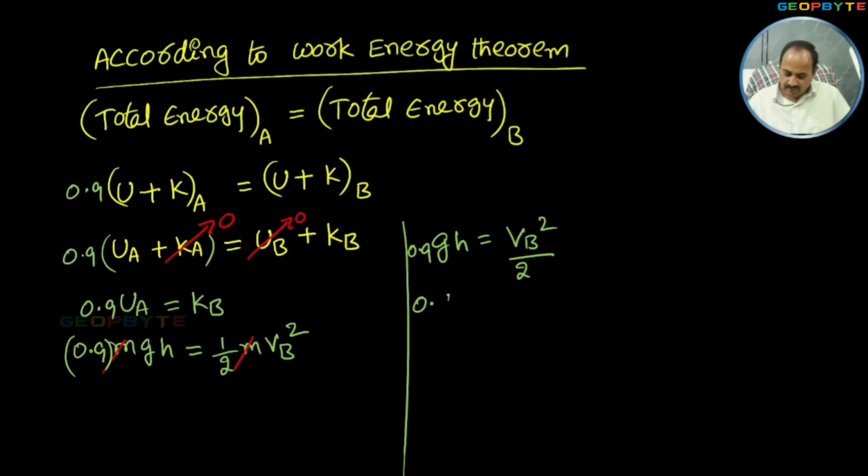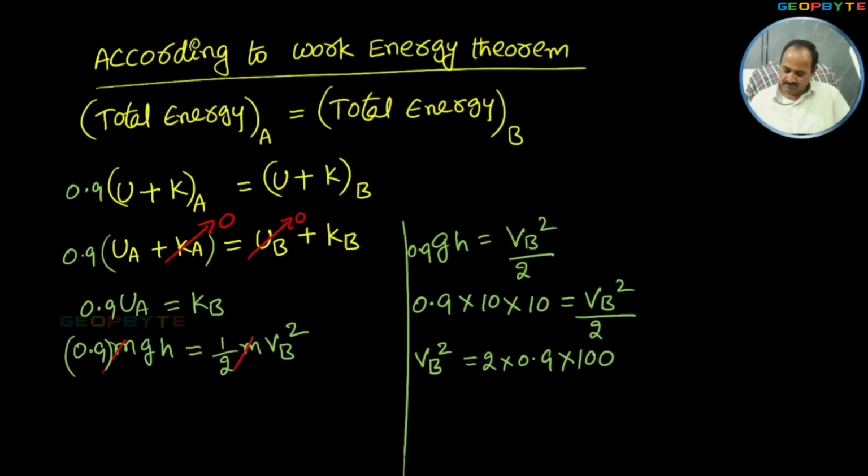So 0.9 into g, 10, into h, which is nothing but L, 10, equals VB square by 2. Therefore, VB square equals 2 into 0.9 into 10 into 10, which is 180. Then VB equals root over 180.